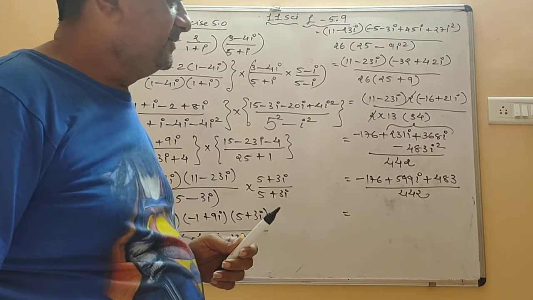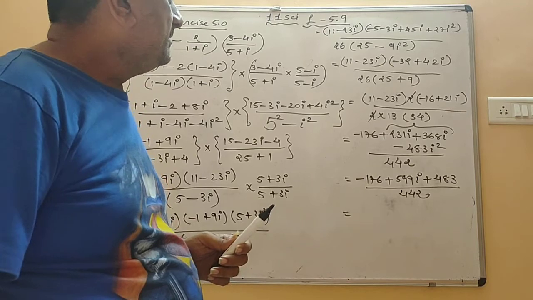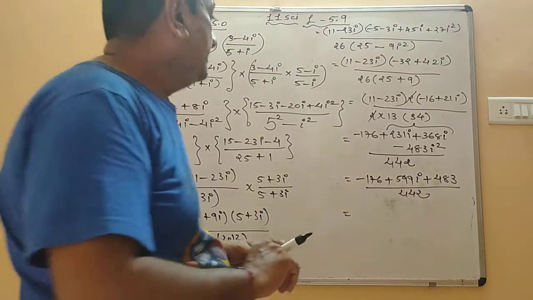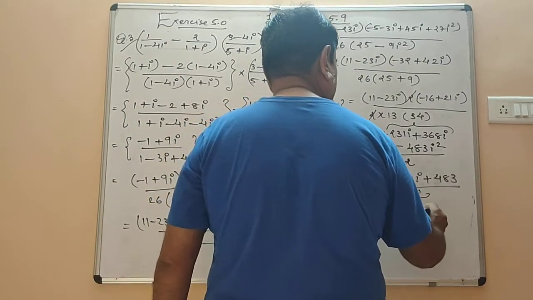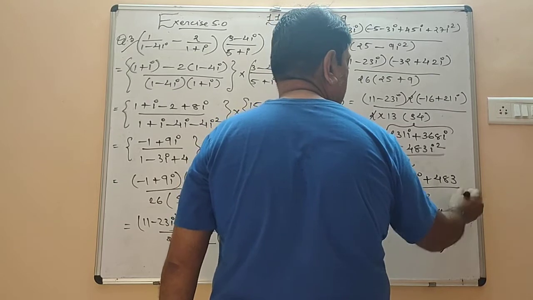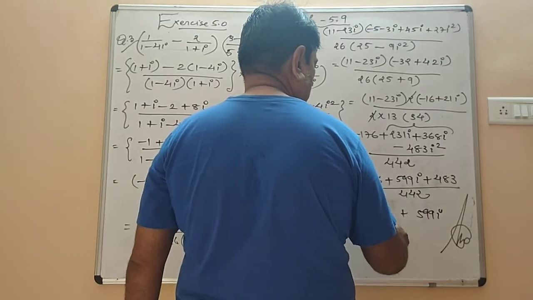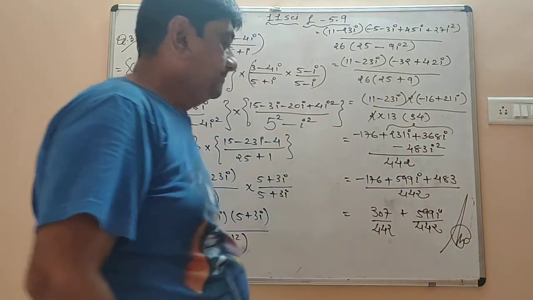Now 483 minus 176, it is 307 plus 599i and divided by 442 and it is also divided by 442.